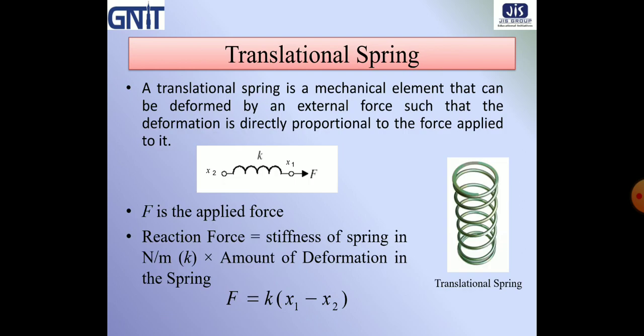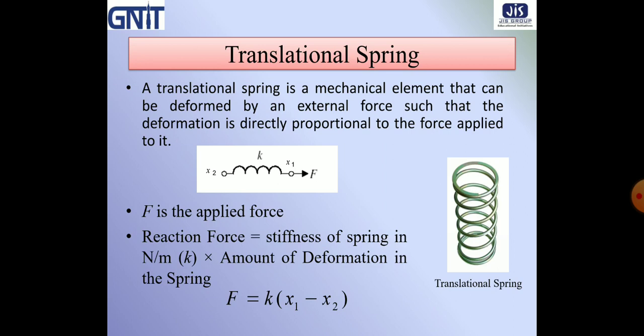Next is the translational spring. A translational spring is a mechanical element that is deformed by an external force, and its deformation is directly proportional to the applied force. If the applied force is capital F, then the reaction force is the stiffness of the spring, that is small k, in Newton per meter, multiplied by the deformation of the two ends of the spring.